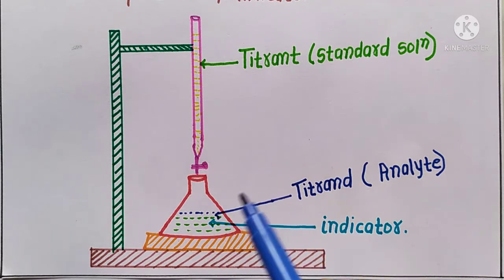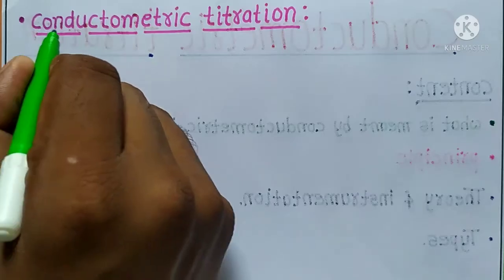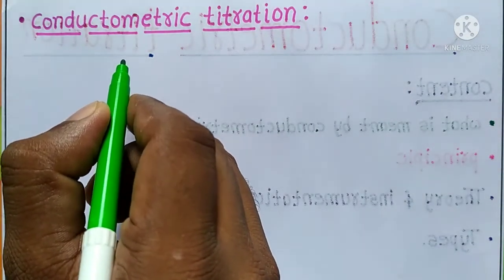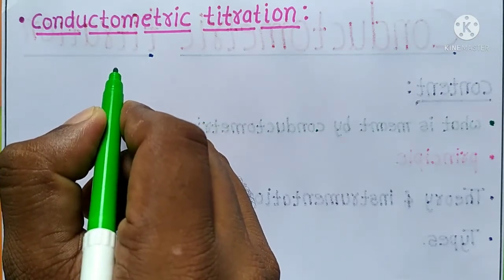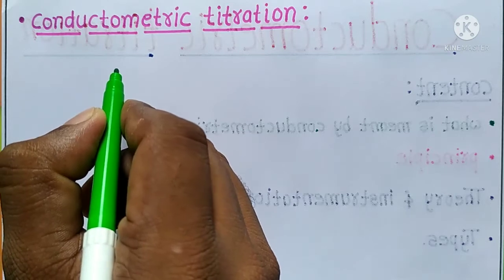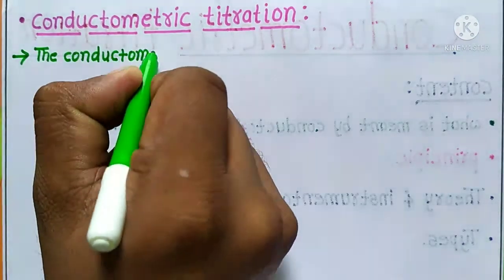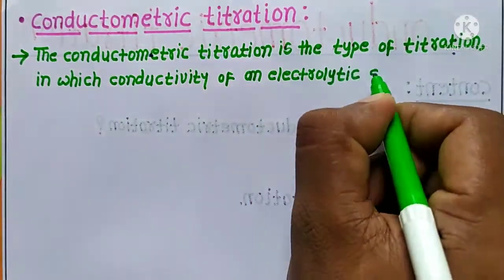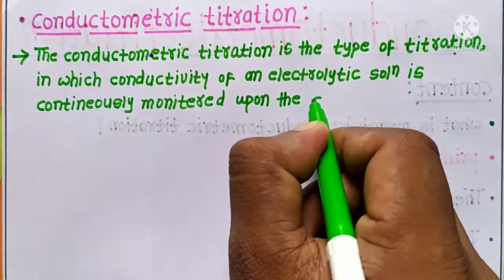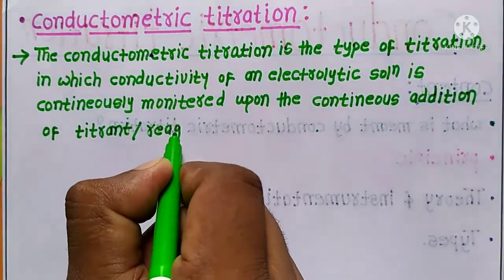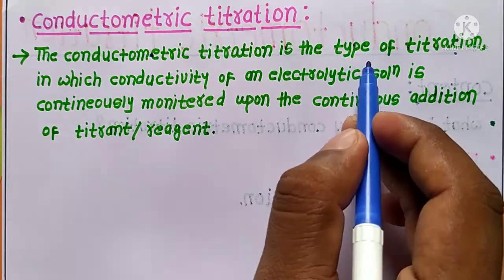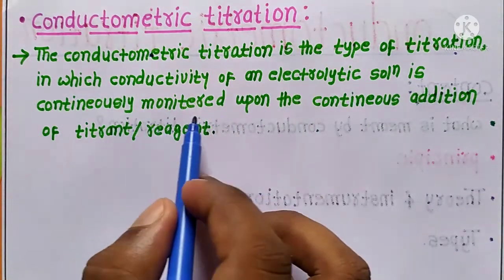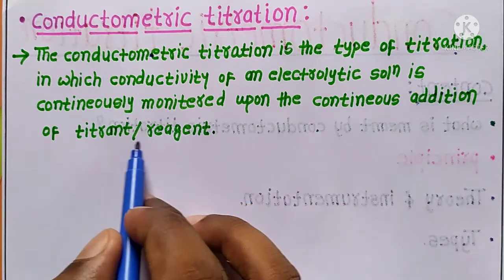Next we are going to discuss what is meant by conductometric titration. The conductometric titration is the type of titration in which the conductivity of an electrolytic solution is continuously monitored upon the continuous addition of titrant or reagent.